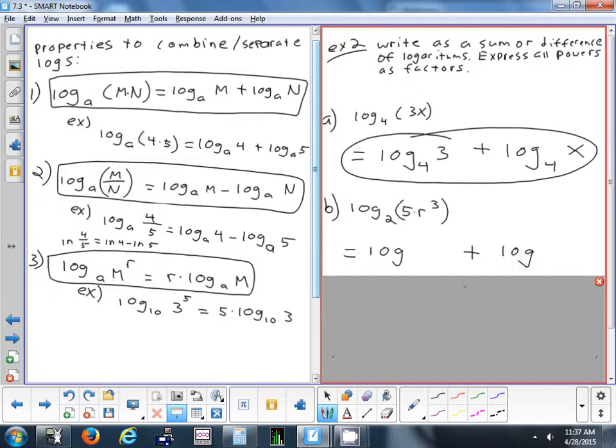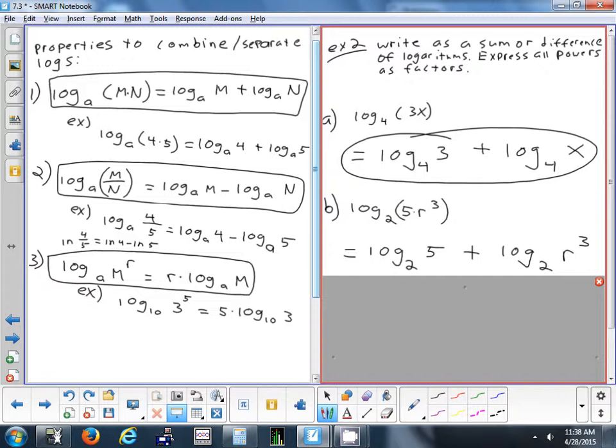The base is going to stay exactly what it was originally. It's going to stay as a 2 and as a 2. Okay, what's my first argument going to be? 5, good. First argument's a 5. What's the 5 being multiplied by? R. R what? R to the third. R to the third. Okay, that's my second argument.